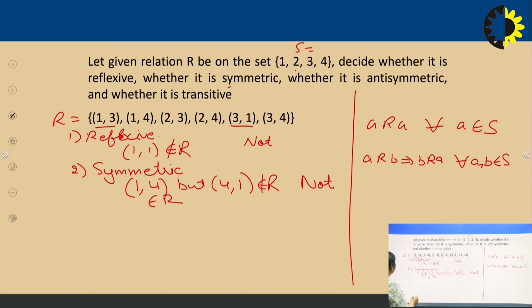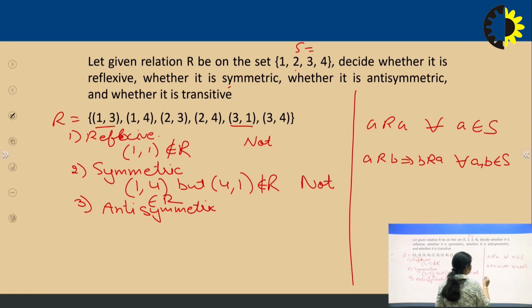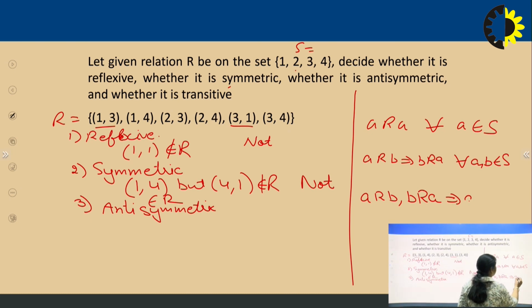Okay. Now the third property, we are going to check antisymmetric. The antisymmetric property says that if A is related to B as well as B is related to A, then A should be equal to B for all A, B belonging to the set.